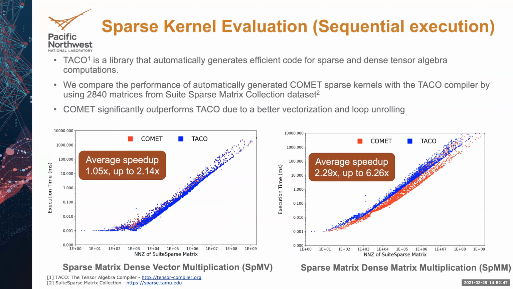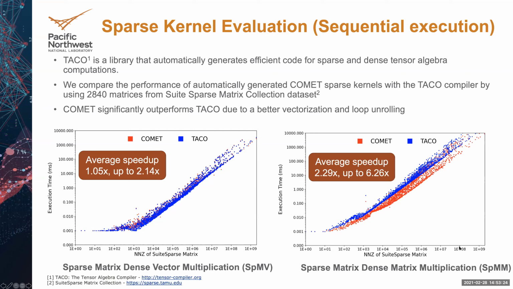Moving to the performance of the sparse kernels, we compared automatically generated code by our compiler with TACO. TACO is the state-of-the-art tensor algebra compiler, commonly used in the area. Here we look at the performance of the COMET compiler with almost 2,800 matrices coming from the SuiteSparse collection.